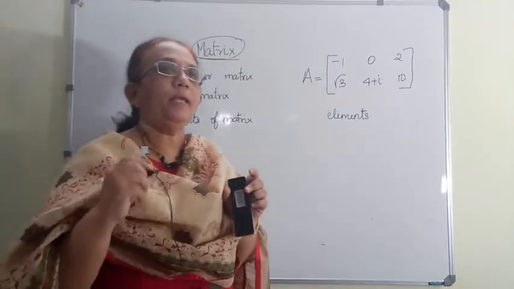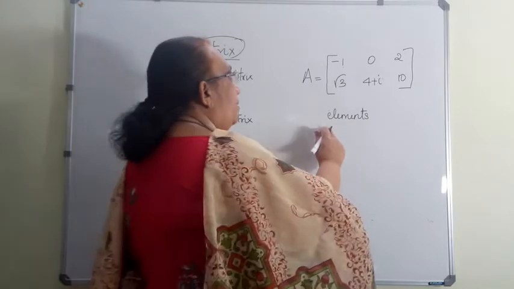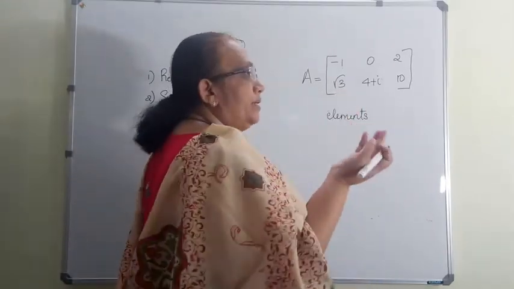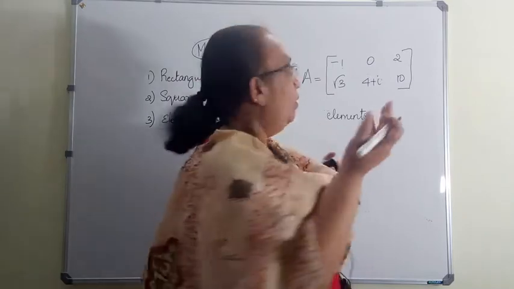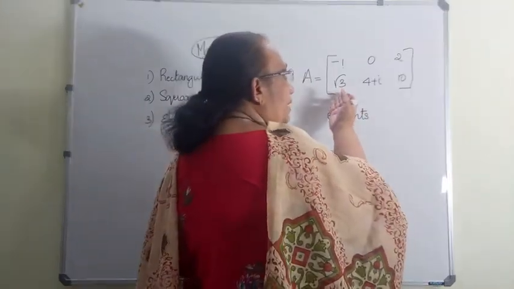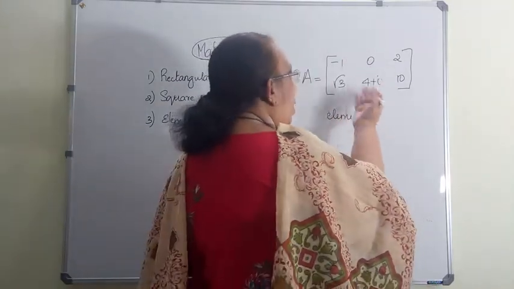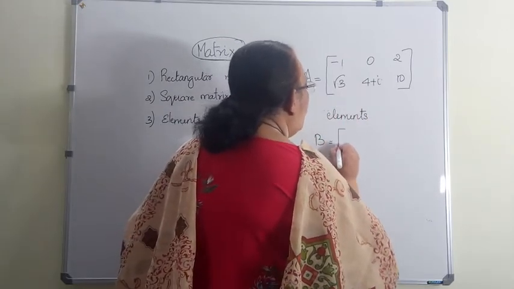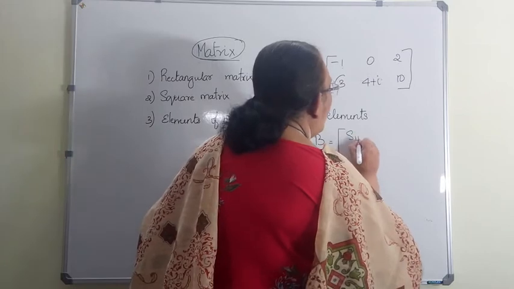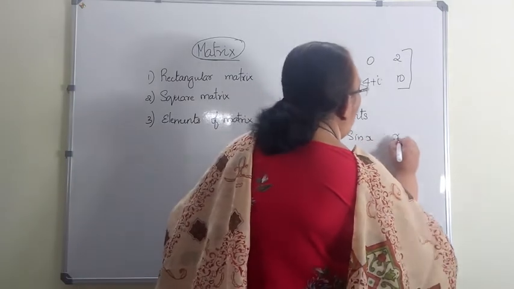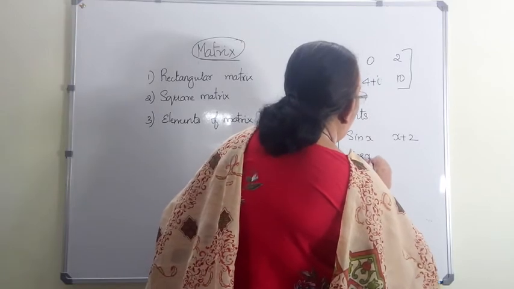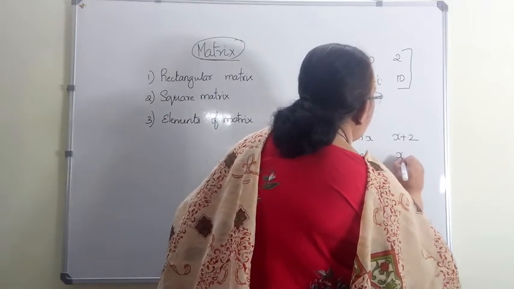And the property is that the elements can be an integer, meaning a positive or negative whole number, it can be an irrational number, it can be a complex number, or sometimes it can be functions. For example, sin x, x plus 2, cos x and x.